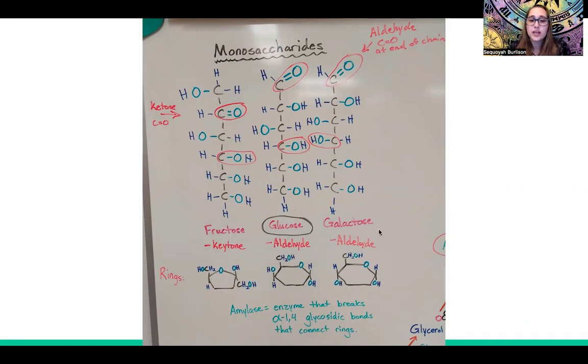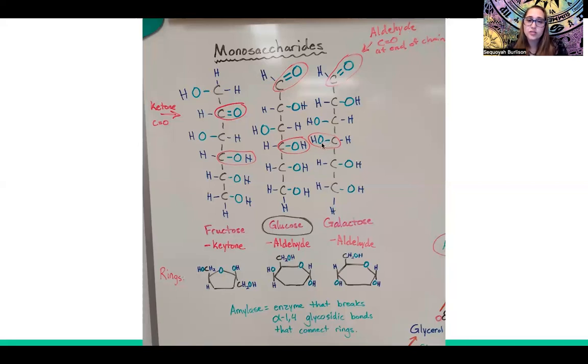While glucose and galactose are aldehydes, where the carbon double bonded oxygen is at the end of the chain. Aldehyde. See? So now fructose and glucose compared to galactose, the difference is the arrangement of the atoms.